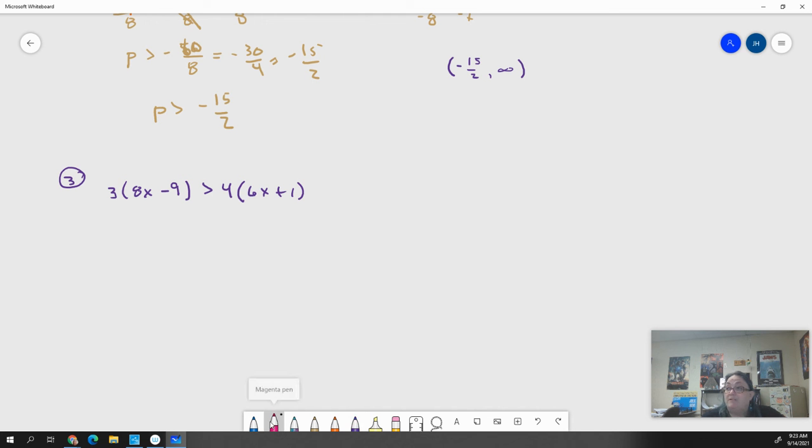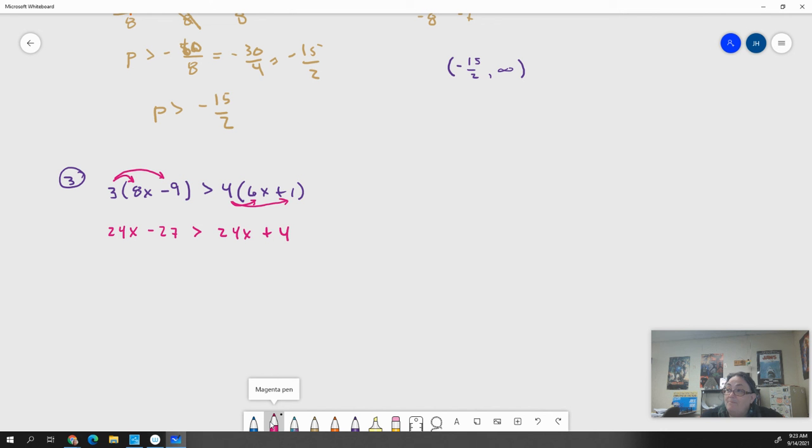We have parentheses on both sides, so we're going to distribute, and we're not going to mess up the math this time. 3 times 8 is 24x. 3 times -9 is -27. Greater than 4 times 6x is 24x, and 4 times 1 is 4, right?